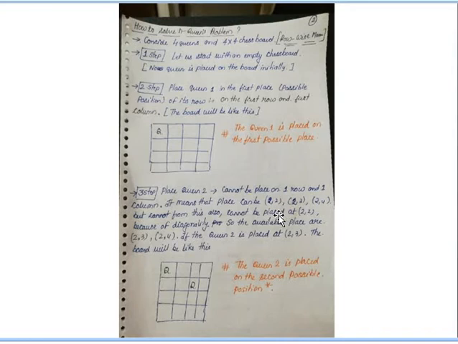It can be placed at position 2,2, 2,3 or 2,4. The second queen is in the second row, and the column can be the second, third or fourth. After placing the second queen at position 2,3, the board will look like this, with the second queen placed at its possible position.